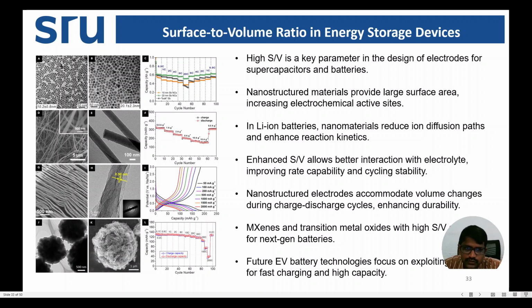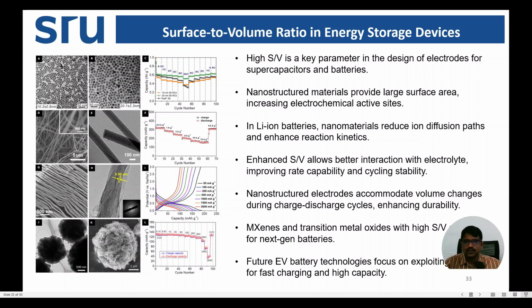So here, how does the surface to volume ratio impact energy storage device performance? A high surface to volume ratio is a key parameter in the design of electrodes for supercapacitors and batteries.